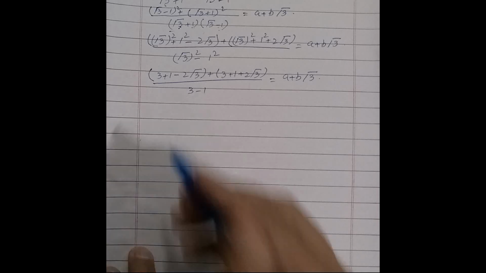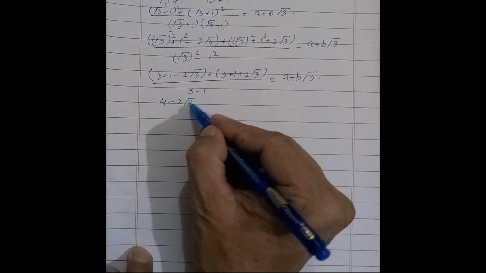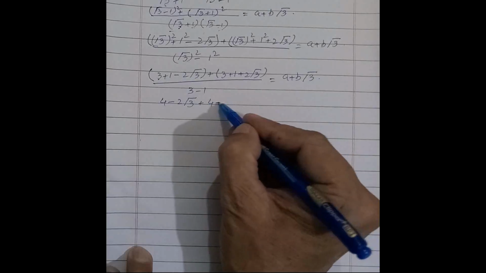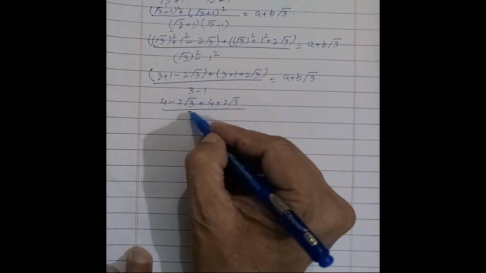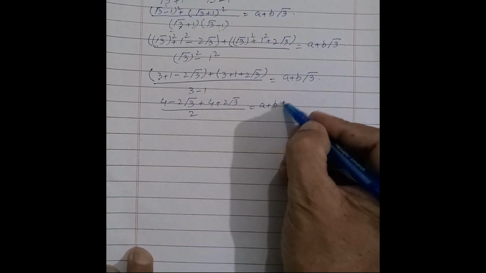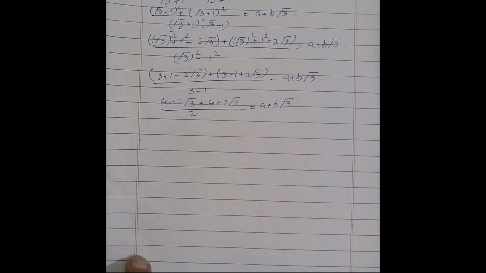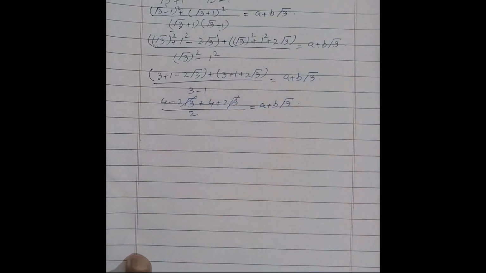Now simplify these values. We get 3 plus 1, 4 minus 2 square root 3 plus 4 plus 2 square root 3 over 2, and it is equal to a plus b square root 3. Minus 2 square root 3 cancels with plus 2 square root 3.